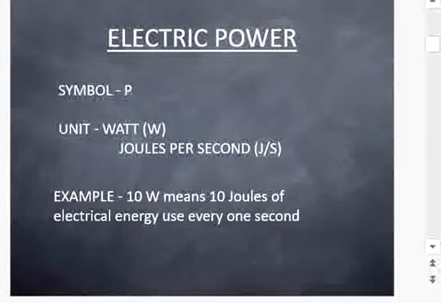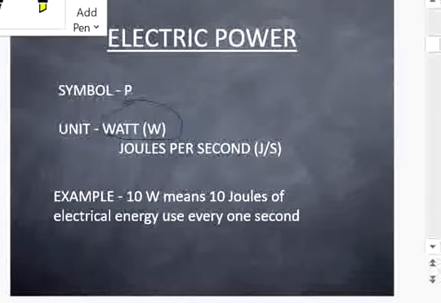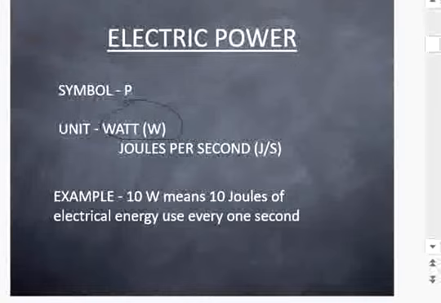Whereas power, or known as electrical power, has the symbol capital letter P, where the unit is the watt, W-A-T-T, also known as joules per second.